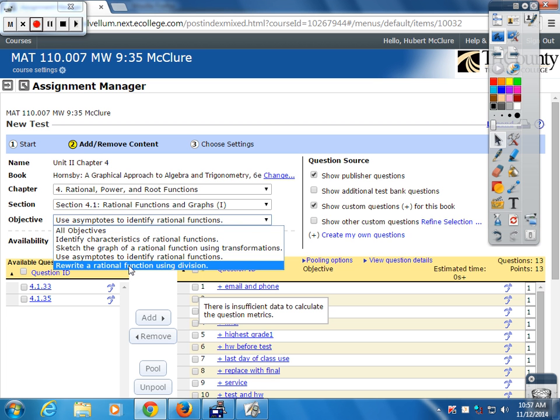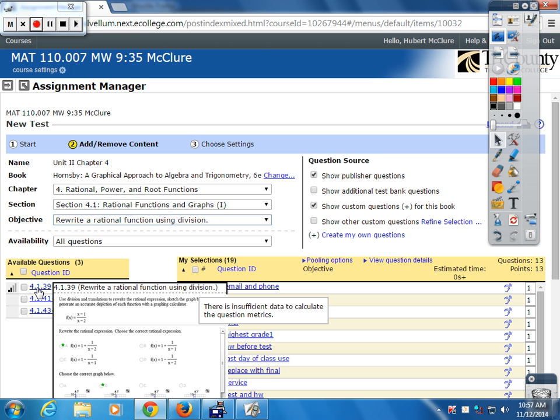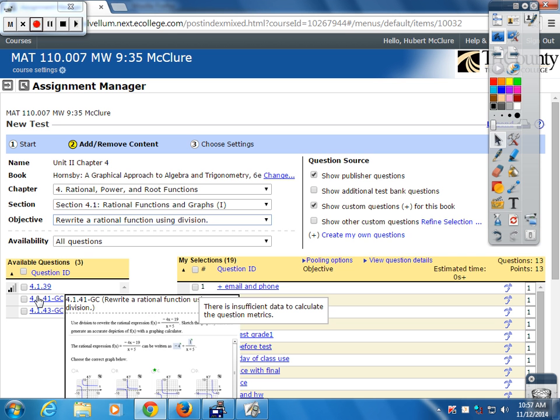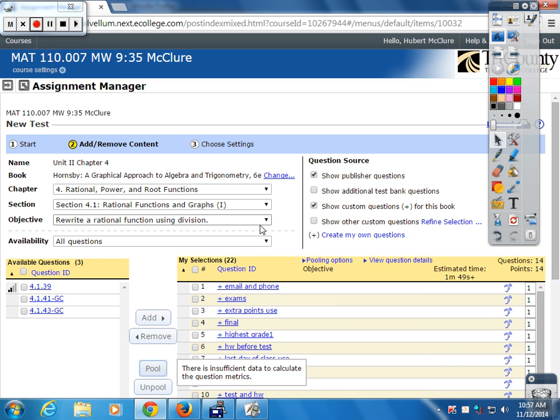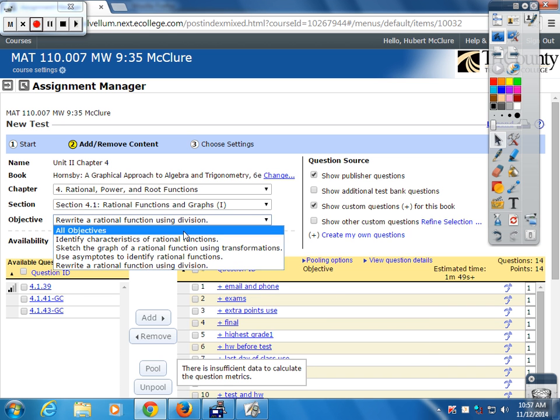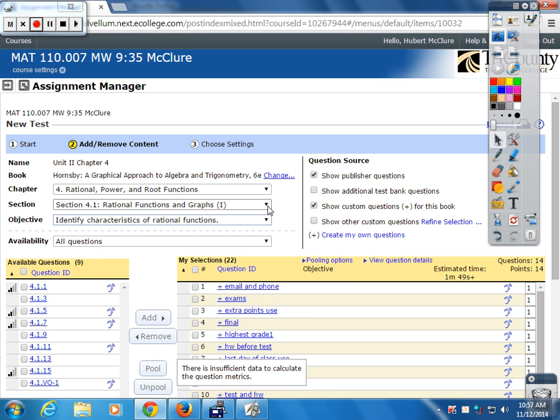Rewrite rational function using long division. Please don't do the domain. I'm not going to do those.